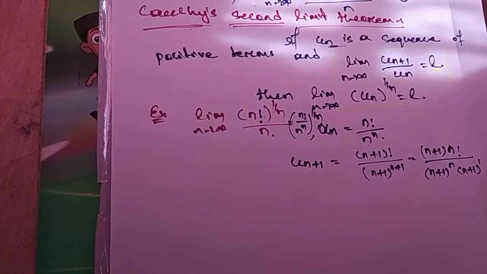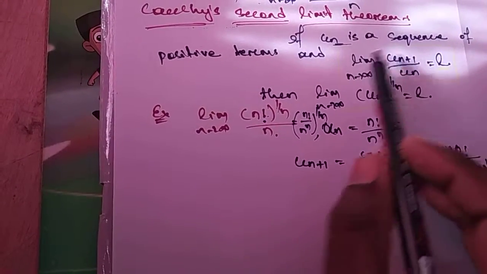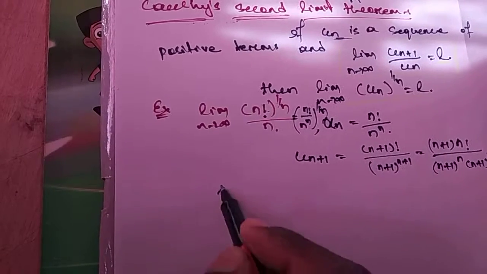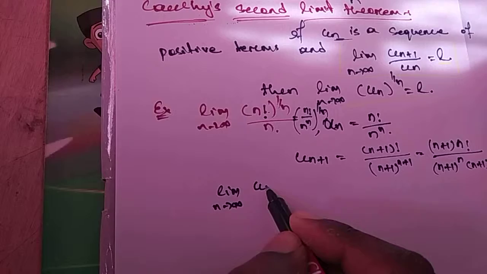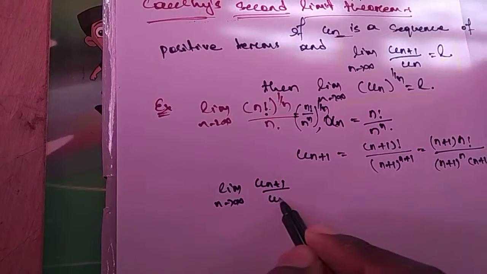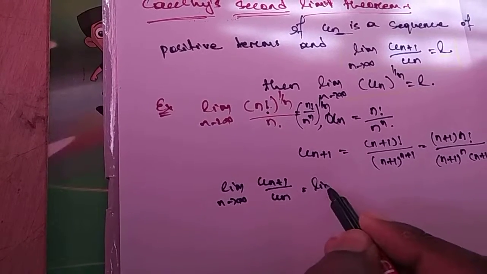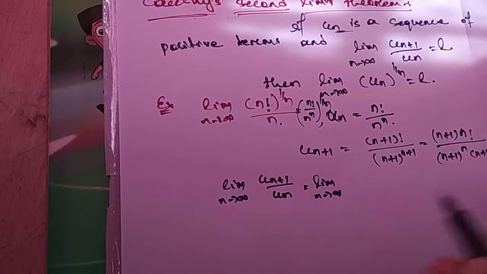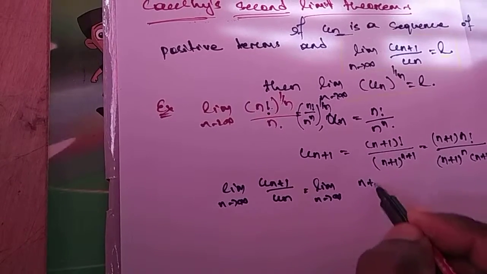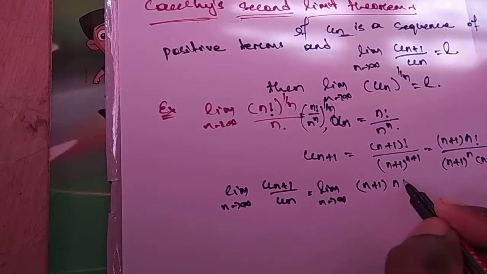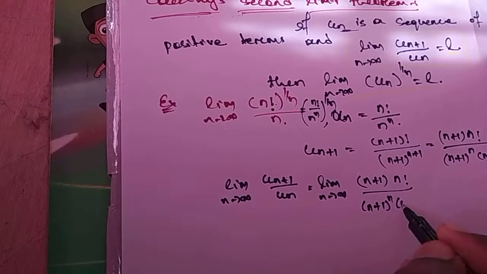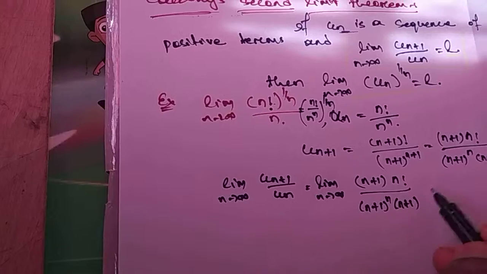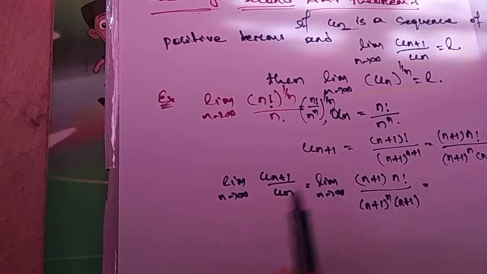Okay, so we should apply this Cauchy's theorem. That means limit n tends to infinity un plus 1 divided by un equal to limit n tends to infinity of un plus 1, which is (n plus 1) into n factorial divided by (n plus 1) to the power n into (n plus 1), divided by un. What is un?